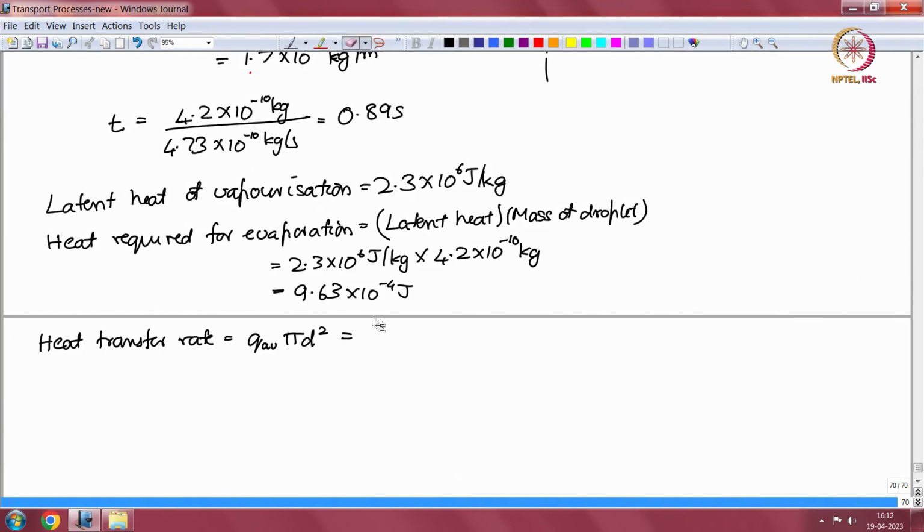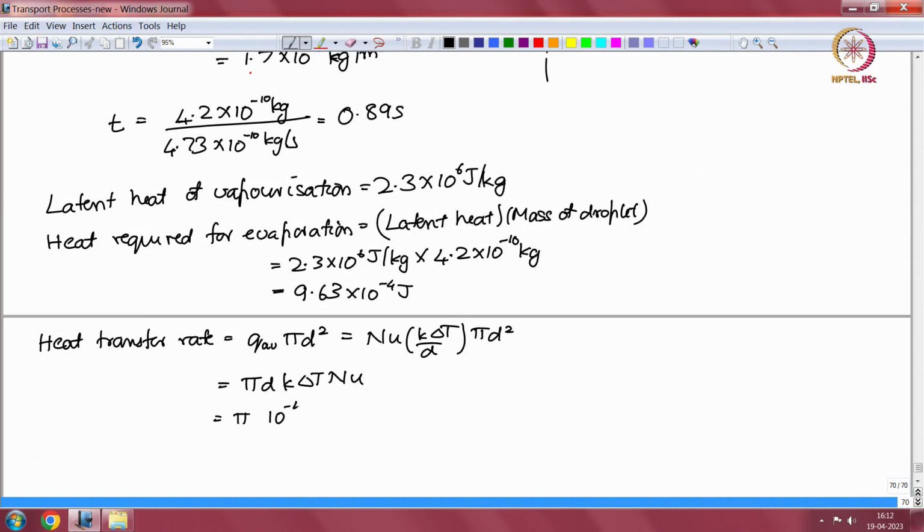Average heat flux is the Nusselt number into K delta T by D, because the Nusselt number is Q average divided by K delta T by D. So, this is equal to pi d K delta T times the Nusselt number.